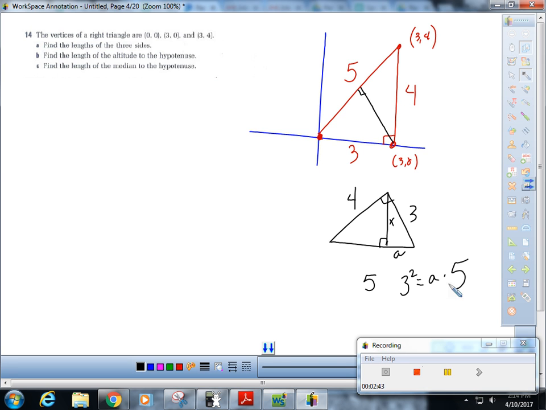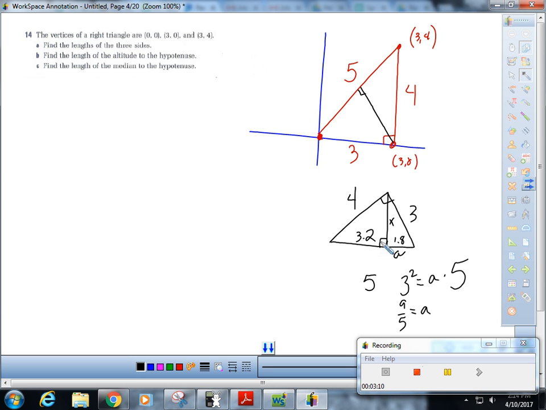So you get a is 9/5, right? So then, let's see, 9/5 is 1.8. So then what's the rest of that? 5 minus 1.8, 3.2, right?